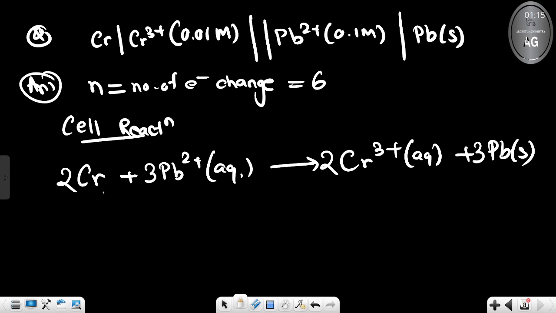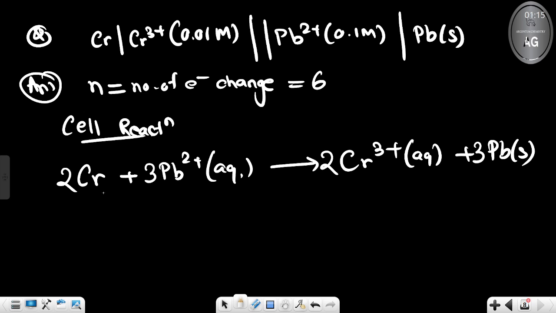Now see, 1 chromium loses 3 electrons, then 2 chromium will lose 6 electrons. Clear? 2 chromium will lose 6 electrons, and 1 chromium will lose how many electrons? 3 electrons, as visible from here. Understood? The balancing also needs to be done like this.